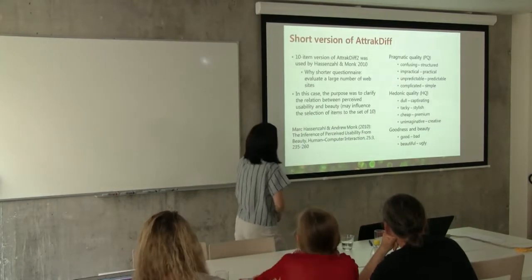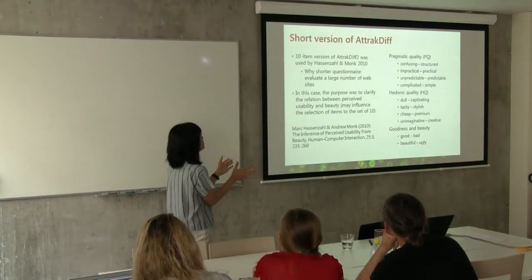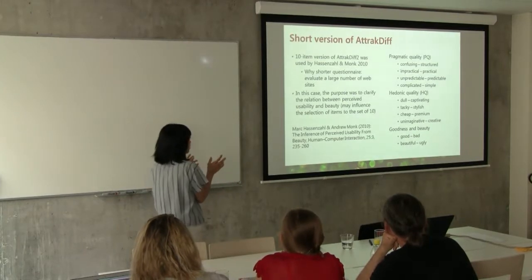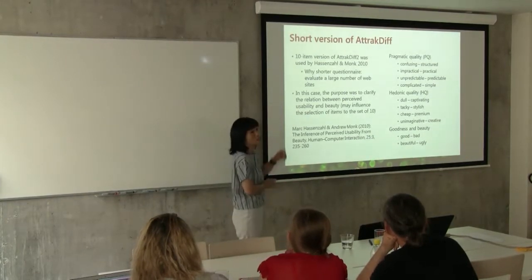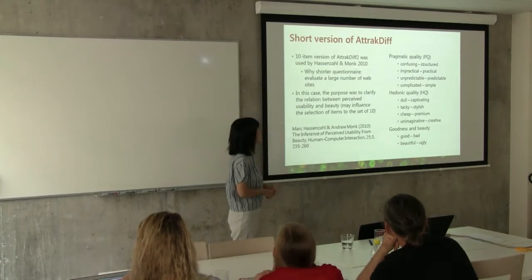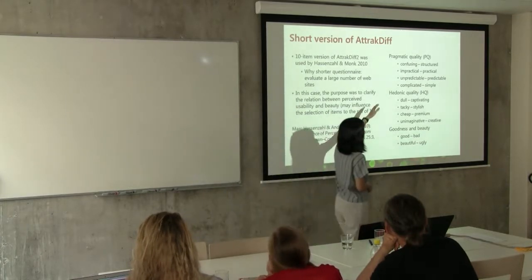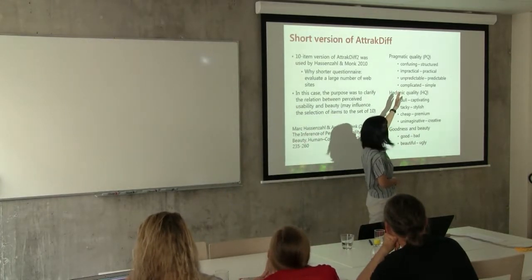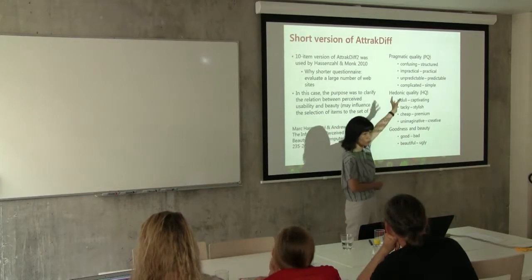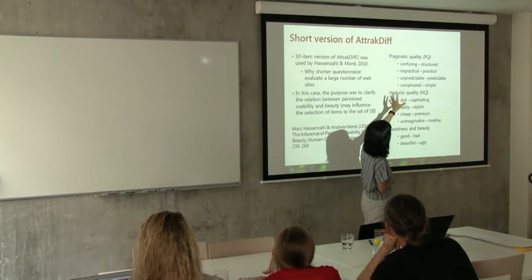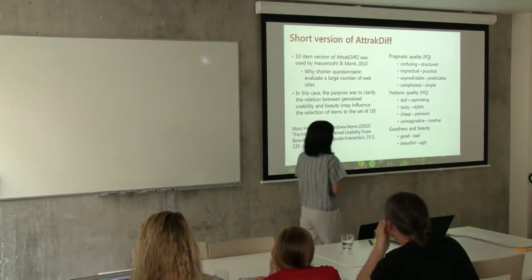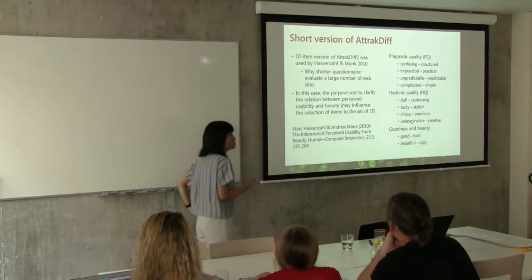Now it has been reduced from 28 items to 21, and now down to 10 items. Normally now when you use AttrakDiff, we use this set: 4 items for the pragmatic quality, such as impractical versus practical, and 4 items for the hedonic quality, and then goodness and beauty.